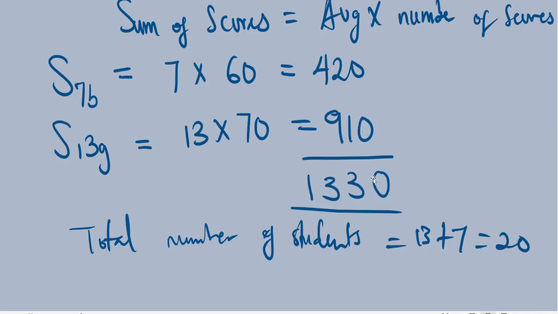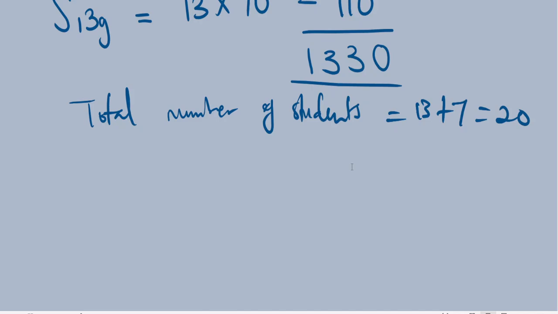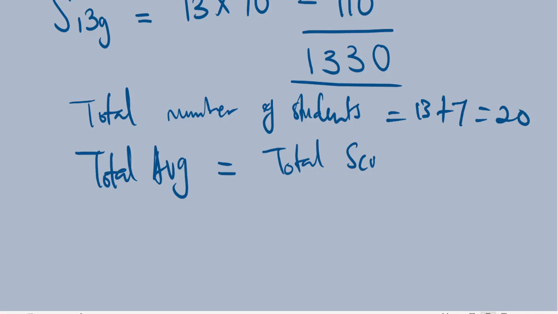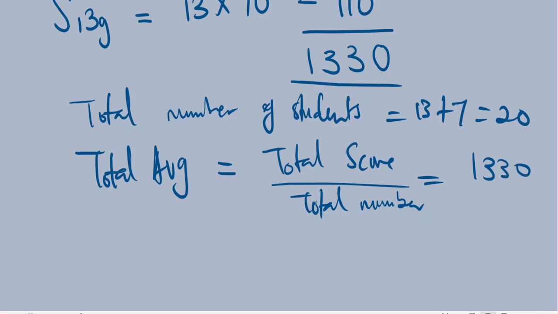Now that I know the total score and total number of students, the total average of the whole class will be total score over total number of students, which is 1330 all over 20.